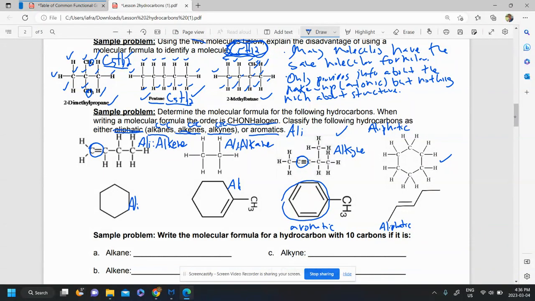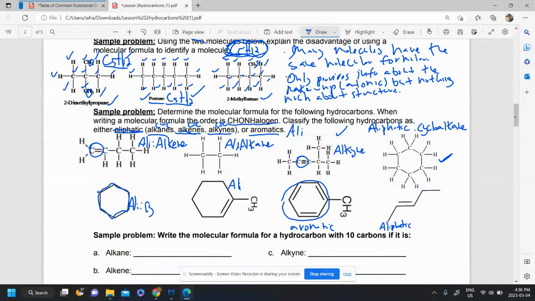Here it's only single bonds, so it looks like an alkane, but it's a ring structure, so I'm going to call it a cycloalkane. Here again, only single bonds all around. There's no double bonds there. So that means it's an alkane, but it's a ring structure again.